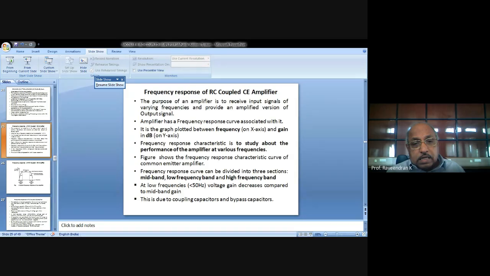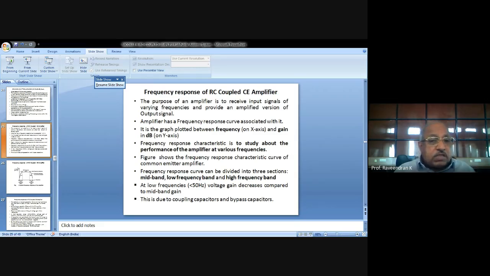The significance of F1 and F2: F1 is the lower cutoff frequency, F2 is the upper cutoff frequency. And these cutoff frequencies are sometimes called 3 dB points, or 3 dB frequency points of the response characteristic.